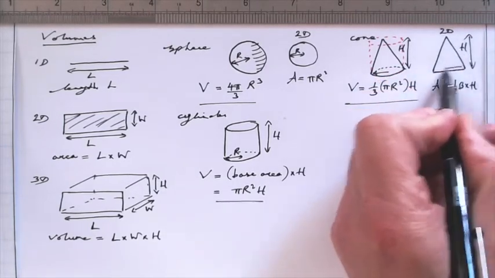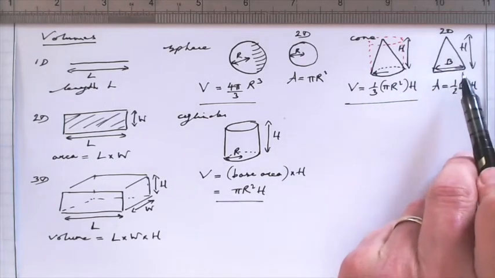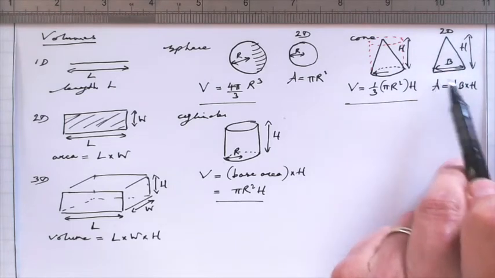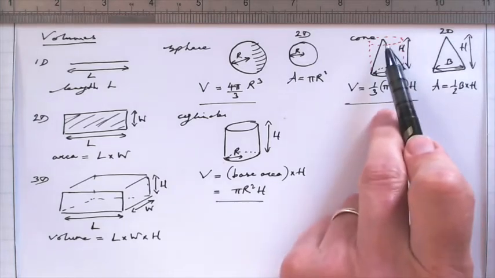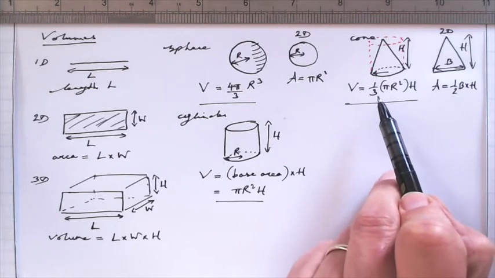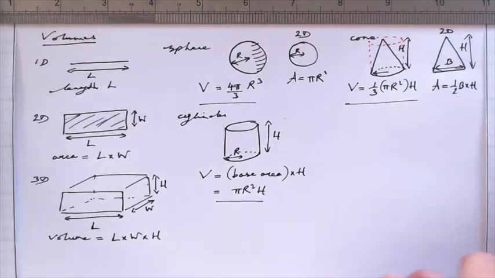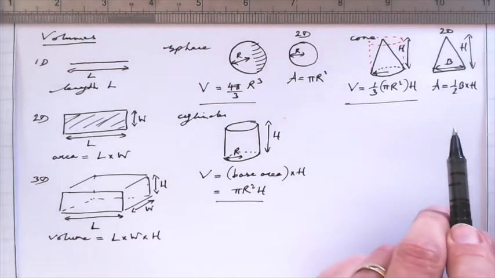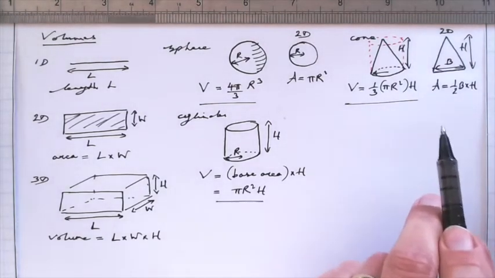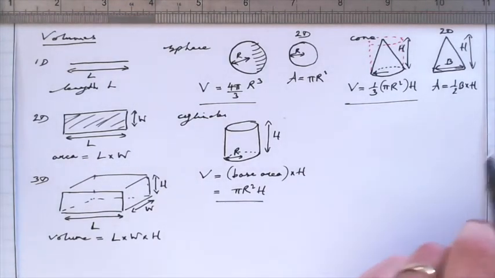And so you see quite a nice connection between these formulas, that in 2D the area of this triangle is a number 1/2 and then base times height, and then in 3 dimensions the volume of this cone is a number 1/3 times the base area times the height. So you could imagine then saying, well, what about a 4-dimensional hypercone? Its volume would be 1/4 times the volume of the base, in quotation marks, times the height in the 4th dimension. So quite a nice set of generalizations here for cones.